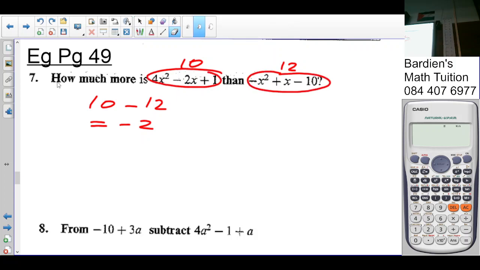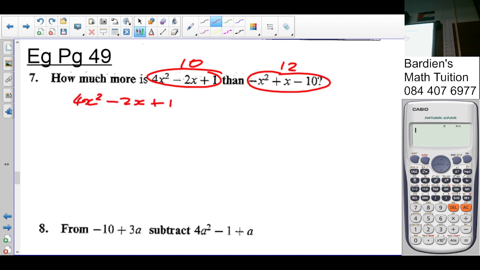So in other words, we must say 4x squared minus 2x plus 1 minus negative x squared plus x minus 10. What must I not forget to put there? Bracket. Why? More than one term following a negative sign.